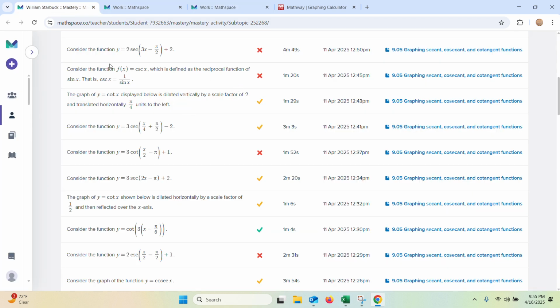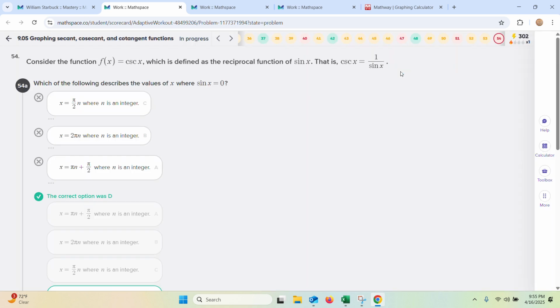Okay, I wanted to look at this one. So this is leading into the identities, which is the next chapter, which I noticed that I think you've already started. And identities can be kind of confusing too, but at least you don't have to deal with their dumb graphing program.